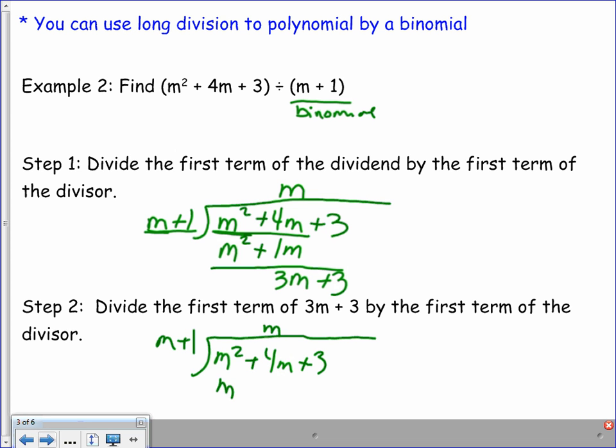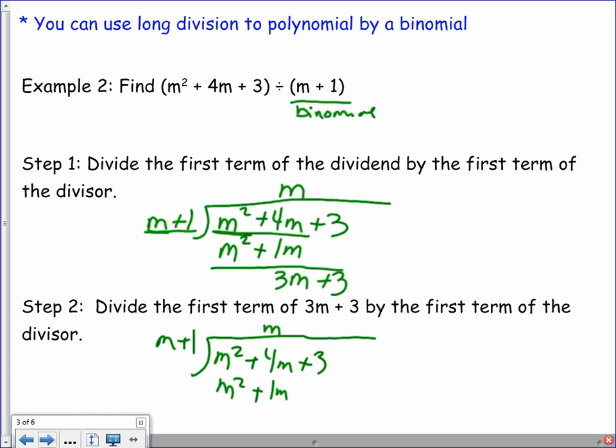And then we got m squared plus 1m, and then we get 3m plus 3. And if we multiply all of this by 3, then we're going to get 3m plus 3 again, and we get a remainder of 0.